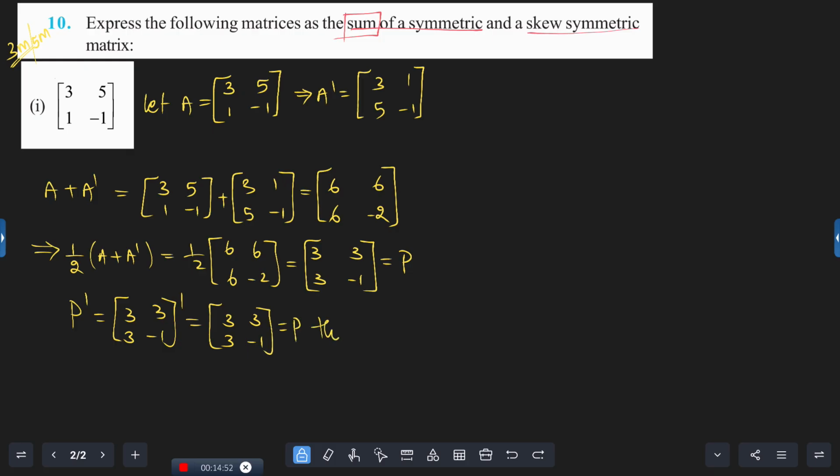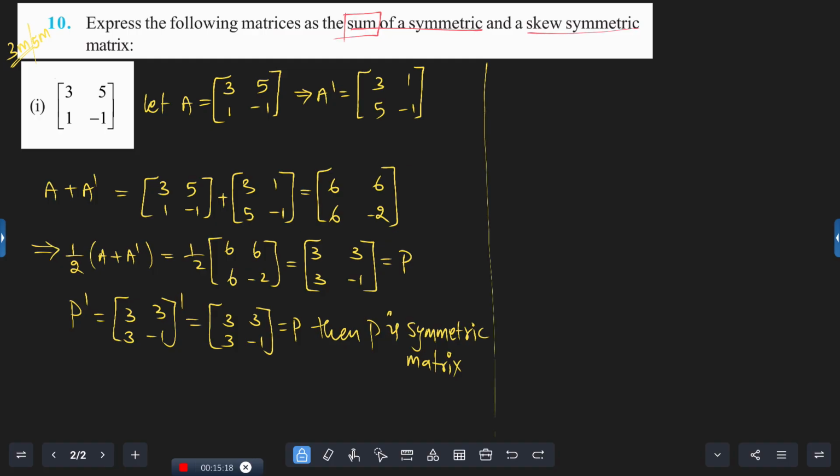Then P is a symmetric matrix. Okay, you have to say symmetric matrix. That's it. Understand? Symmetric matrix we have done.